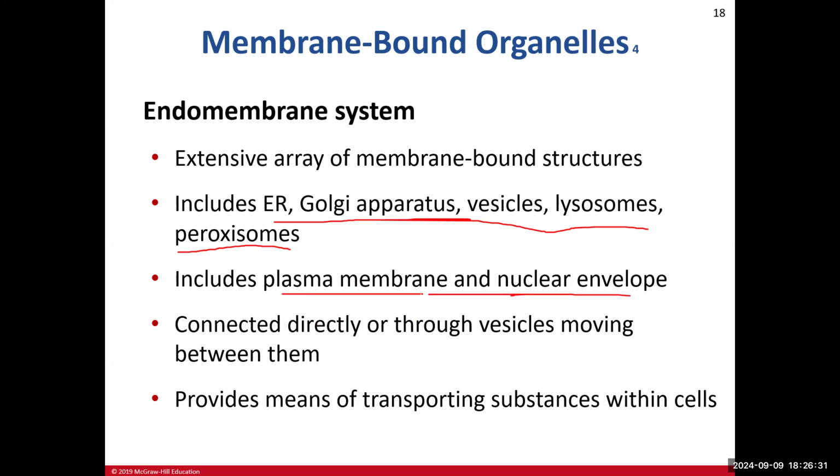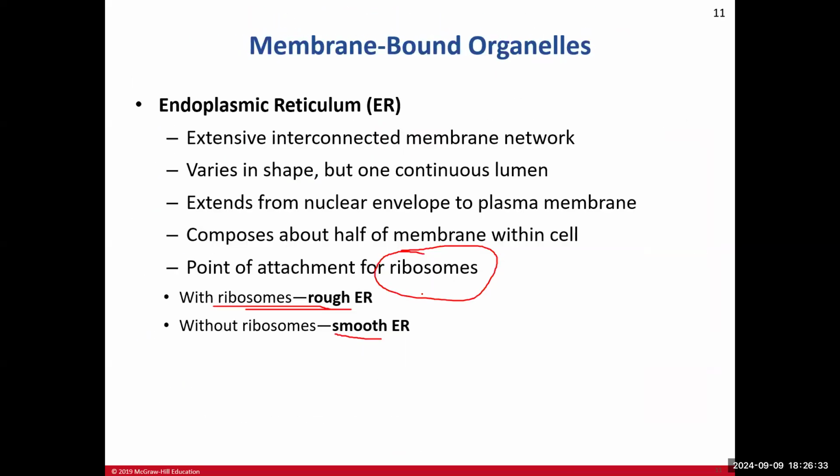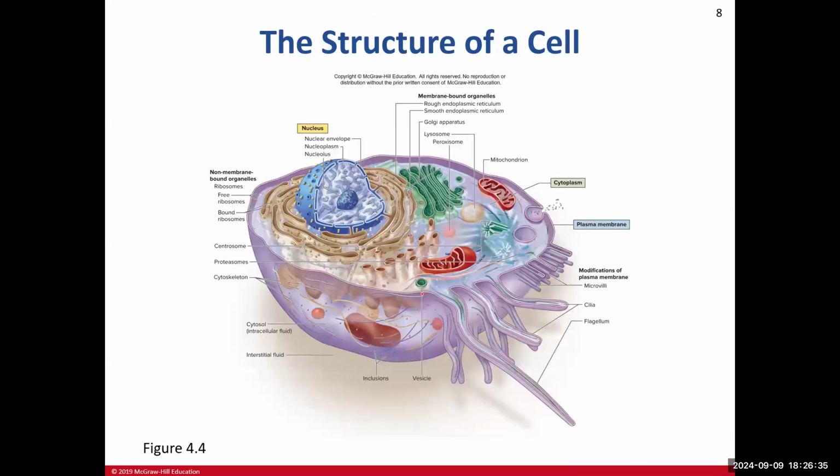I'm going to come back a couple slides here to show you what I mean by that. There you go. So pretty much what the endomembrane system means is we can get stuff from the nucleus all the way here to the plasma membrane and beyond. And so it incorporates, obviously, the endoplasmic reticulum, both smooth and rough, the Golgi apparatus, but then all of these little vesicles in between. So we can get stuff from here outside the cell.